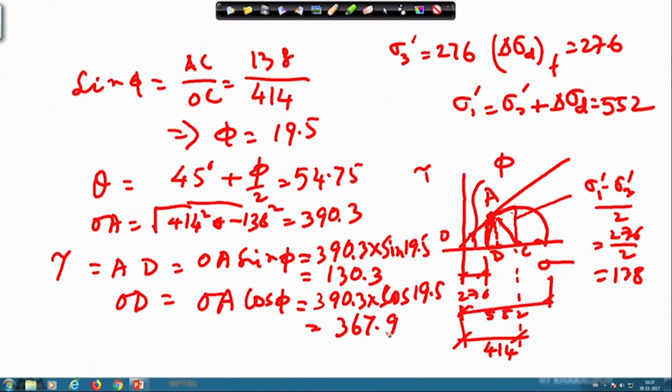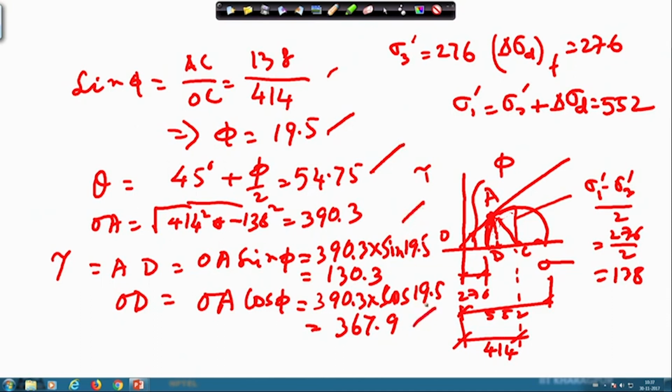So, by the help of the Mohr circle I got the phi value, the inclination of the plane, and the normal and shear stress on that plane.